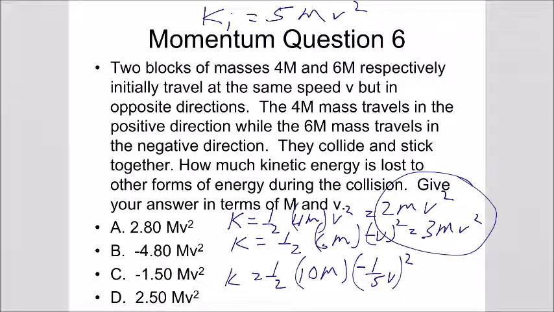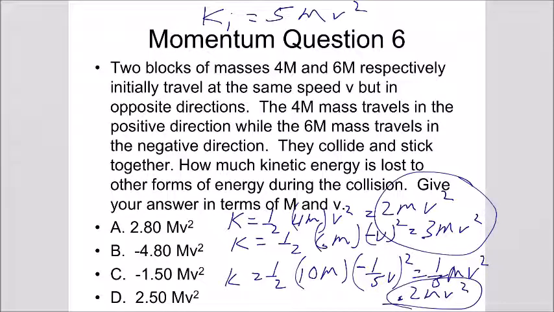So if we do the math here, let's square -1/5, that'll be 1/25 times 10, so it's 10/25, times 1/2, which is going to make it 5/25, or 1/5 mv squared. Remember 1/5 is the same as 0.2, right? So we can think of this as 0.2 mv squared. That's the final kinetic energy.